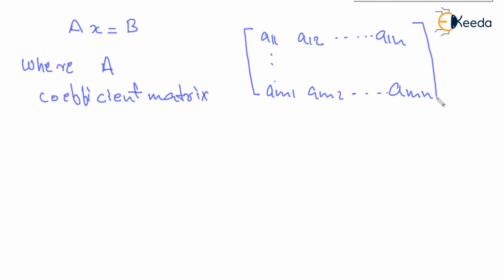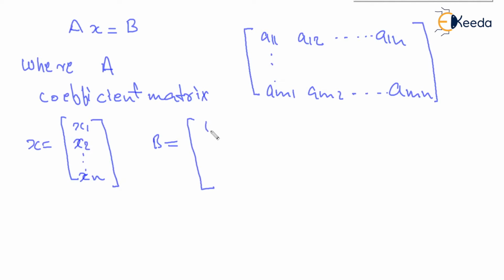So this becomes your coefficient matrix, and this x is the unknown vector, which can be written as x1, x2 up to xn, being n number of unknowns. This b is the constant on the other side, b1, b2 and then bm likewise, right?